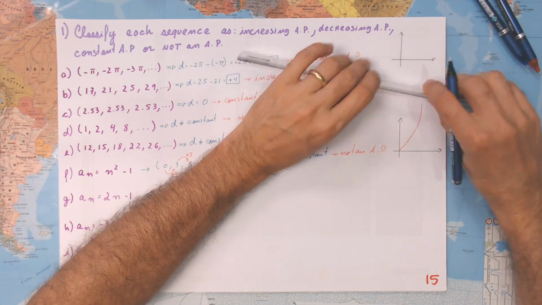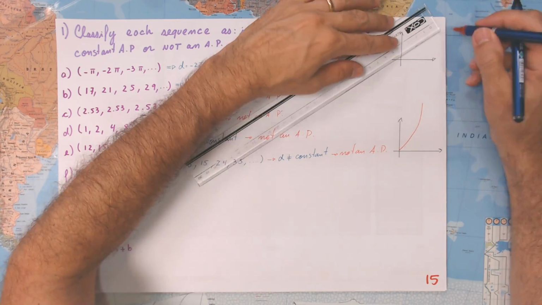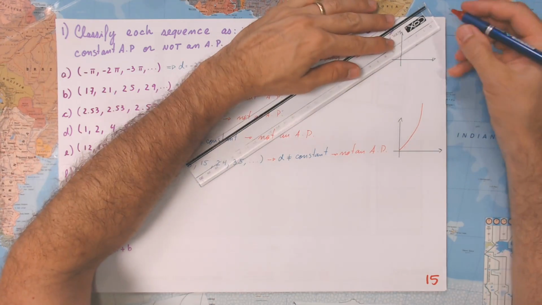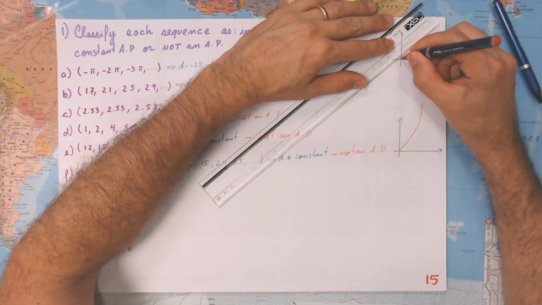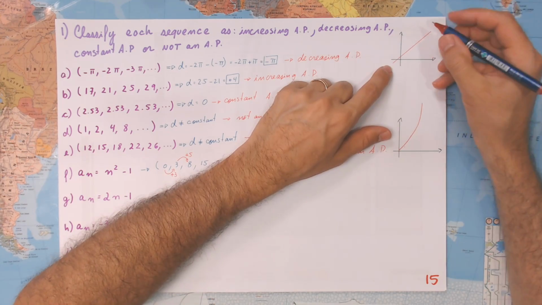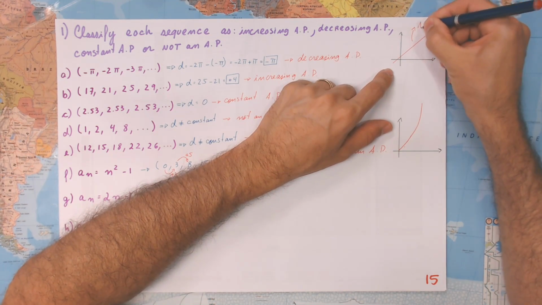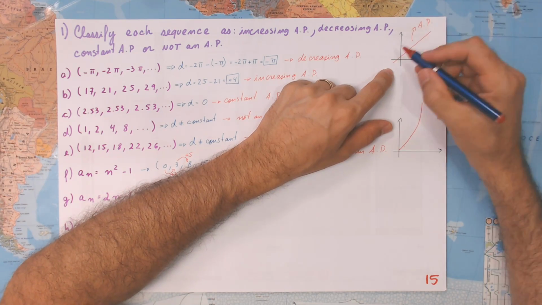When you are dealing with arithmetic progression, it doesn't matter where that line is going to pass, but it's got to be a straight line.